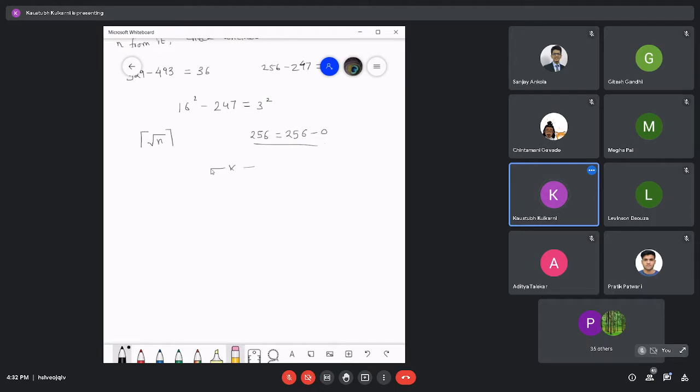There is one more test for primality apart from these techniques, which is called Fermat's primality test.